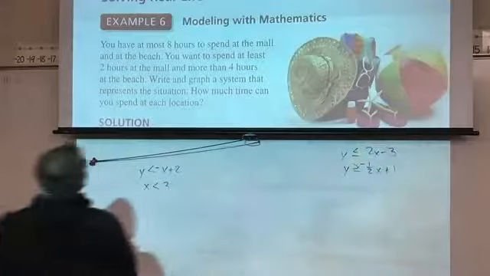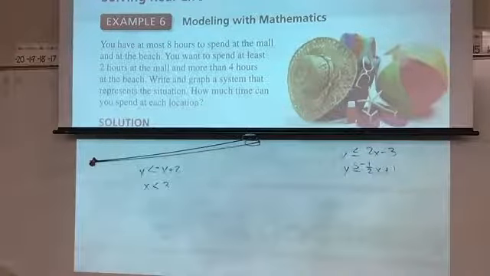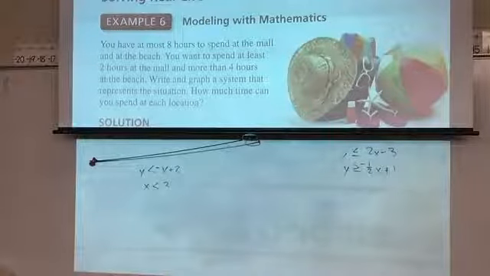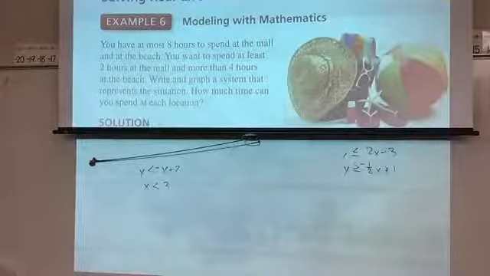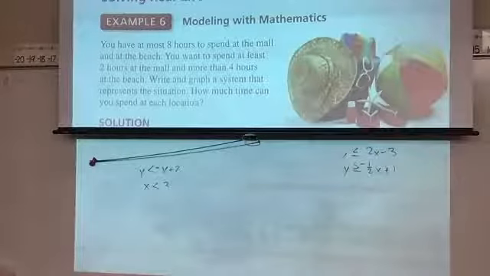You have at most 8 hours to spend at the mall and at the beach. So you got 8 hours total. You want to spend at least 2 hours at the mall and more than 4 hours at the beach. Write and graph a system that represents the situation. How much time can you spend at each location? That's what we're going to look at.